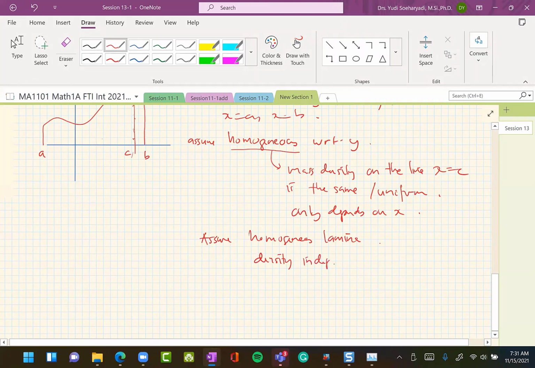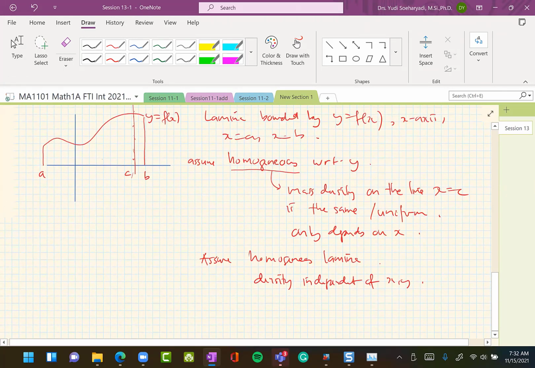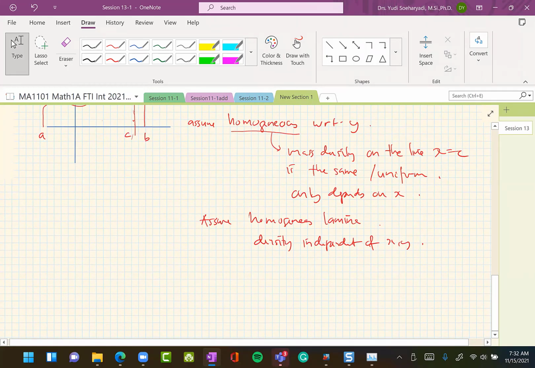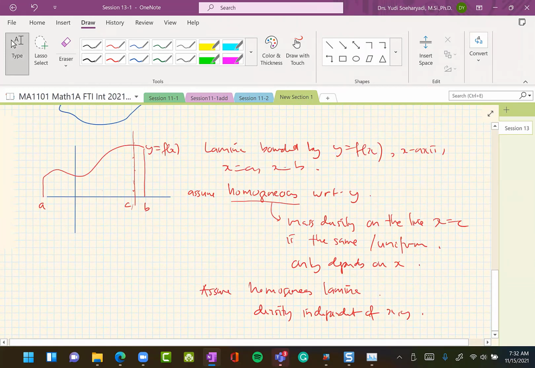Density is independent of x, y. All right, so let's compute the moment. Just take one as usual.